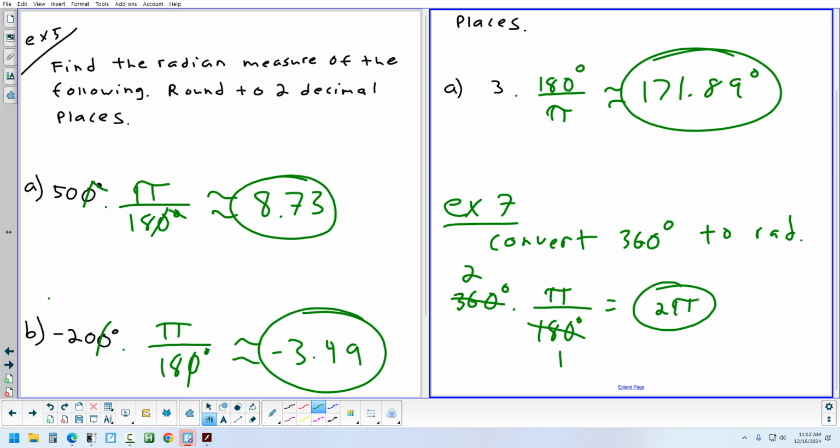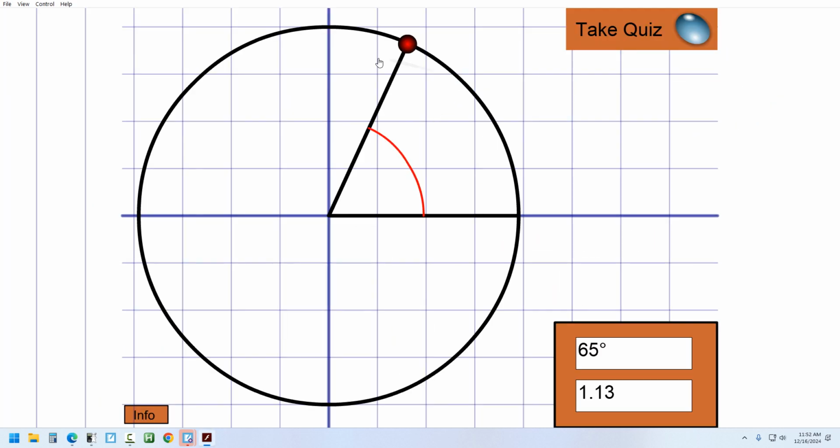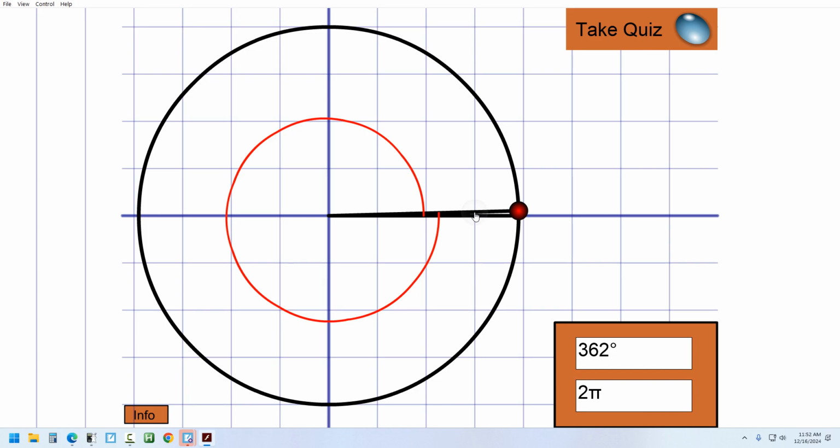360 degrees is one revolution on a circle, and that is equivalent to 2 pi radians. About 6.28 if you wrote it as a decimal. So how much would 2 revolutions be?